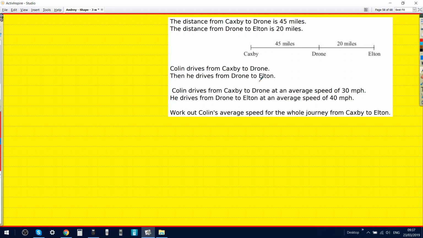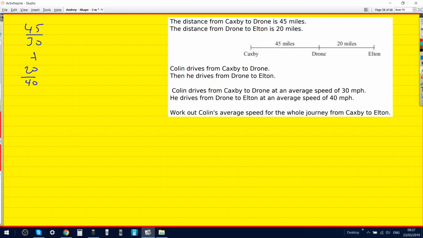So do I do 45 divided by 30 and 20 divided by 40 and then add them up and divide it by 2? 45 is distance, speed, so that's going to be time.